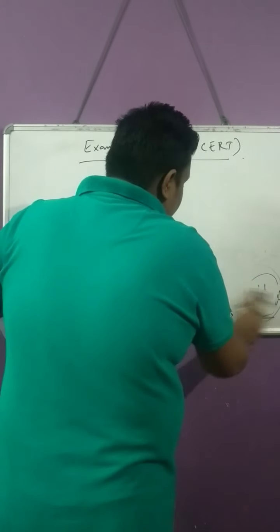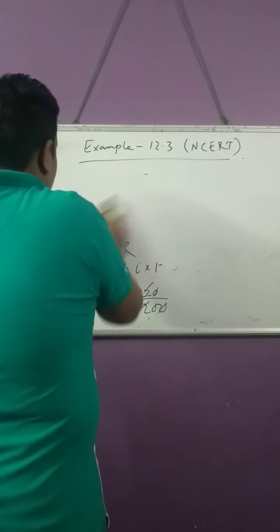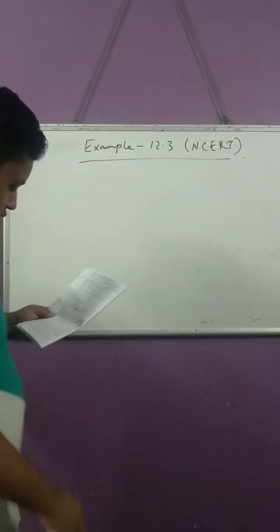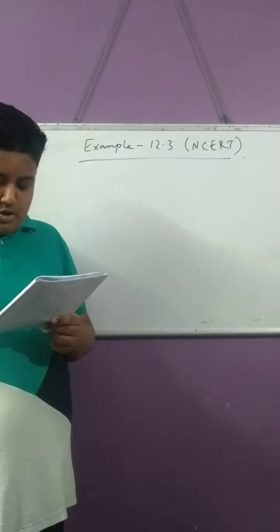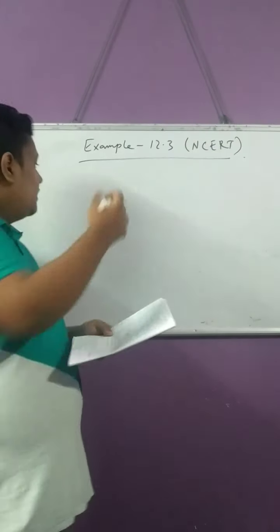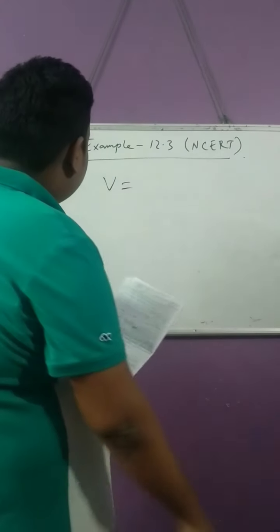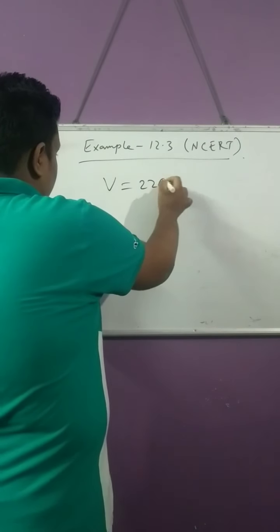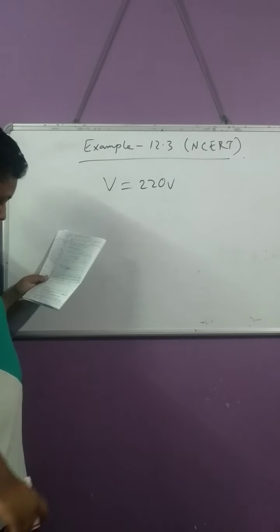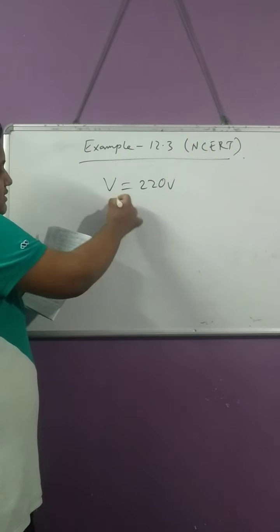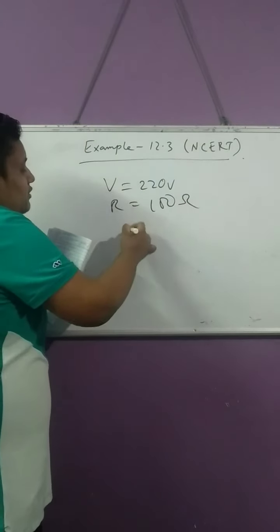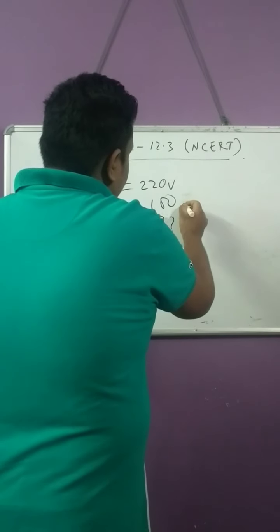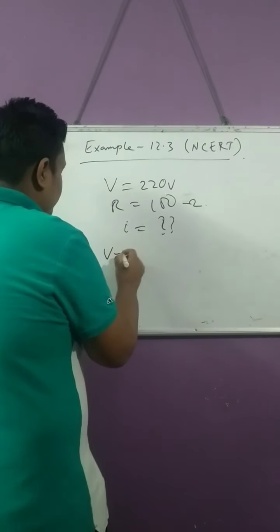In the next part of the question, what is given? How much current will an electric heater coil draw from a 220 volt source? Again the potential difference is 220 volt. If the resistance of the heater is 100 ohm, this time resistance is given as 100 ohm. Again we need to find the current. So again the same formula, V equal to IR.